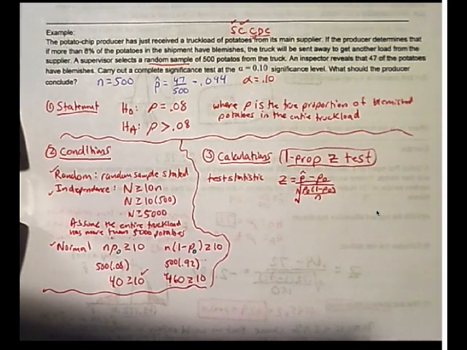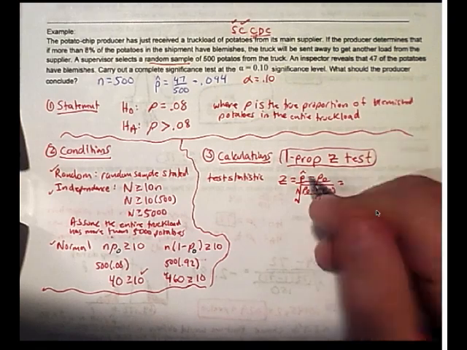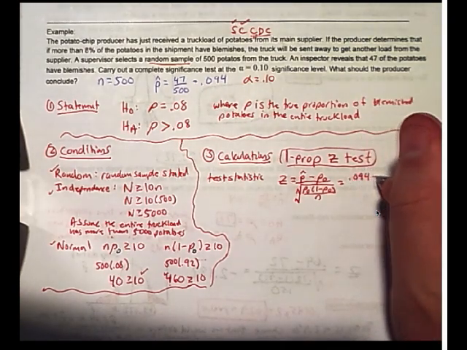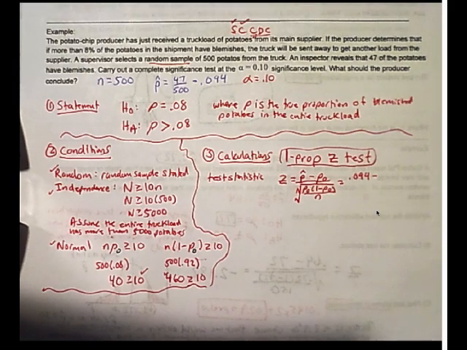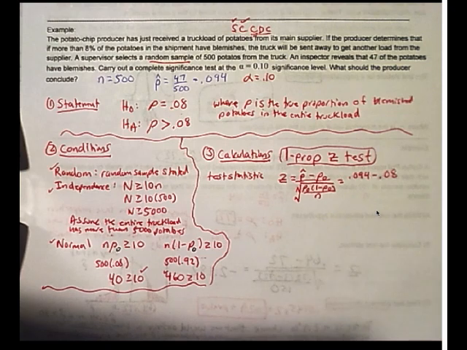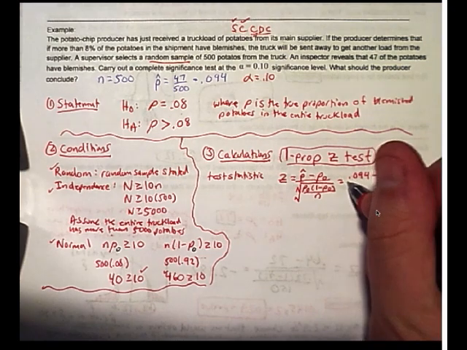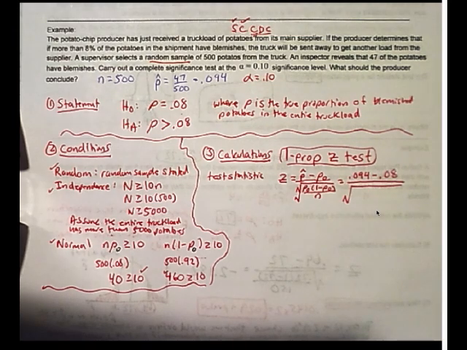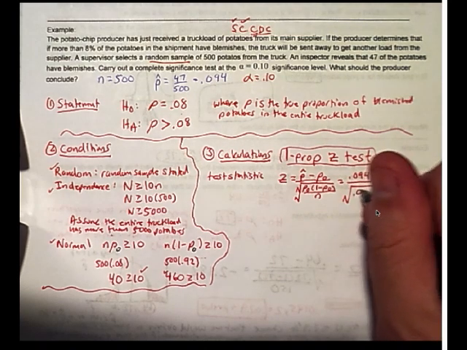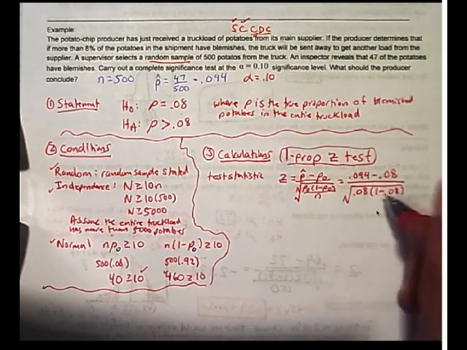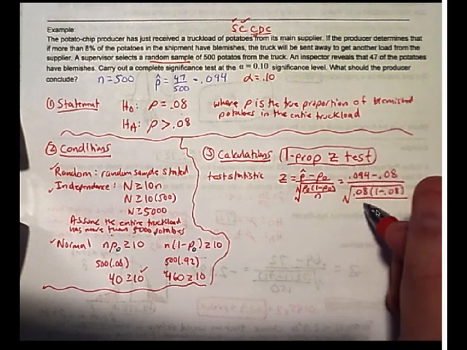And that's the formula that we're going to use. That was the same on the previous page. Okay, our p hat was 0.094 minus the assumed center, which is 0.08, all over, be careful what you use here, use p naught, 0.08, times 1 minus 0.08, which again is 0.92, all over the sample size, which is 500.